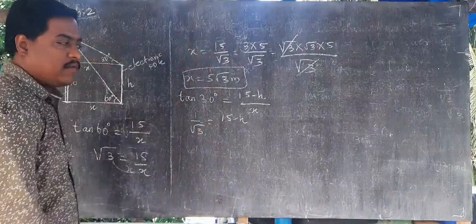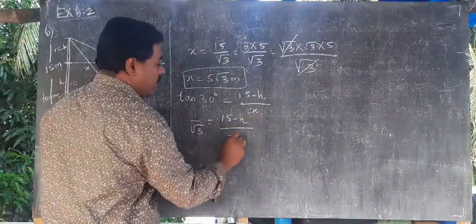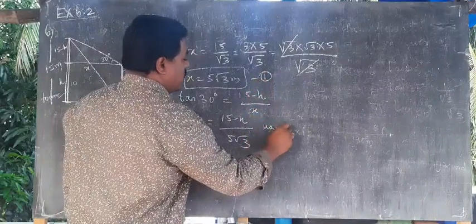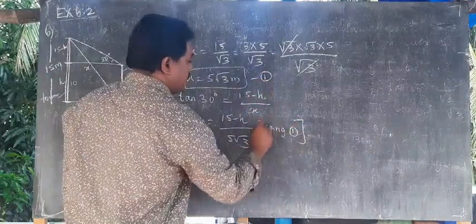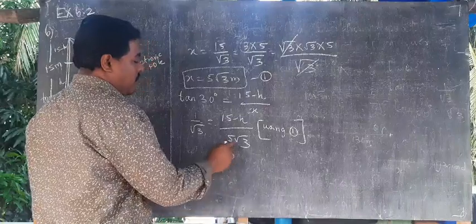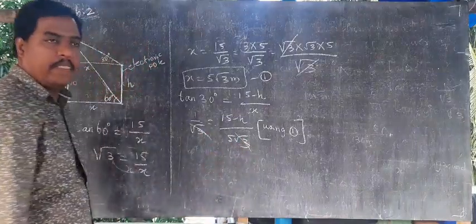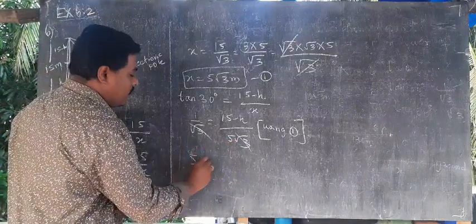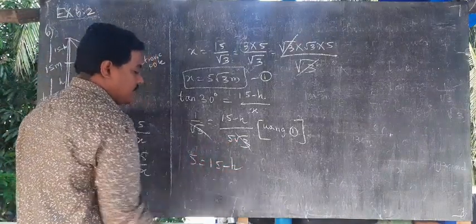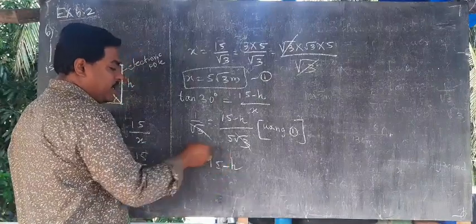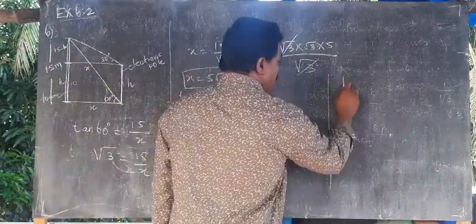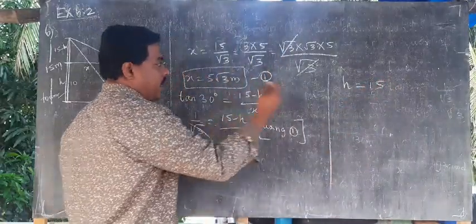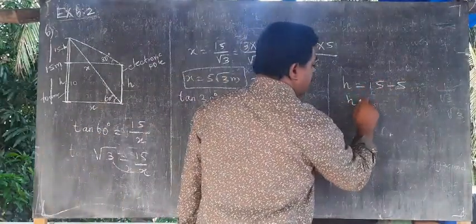Now we know x, so substitute x equals 5 root 3. Write this as 1 by root 3 equals (15 minus h) by 5 root 3. Now root 3 will be cancelled, remaining 5 only. 5 into 1 is 5, equal to 15 minus h. This minus h we take to this side, making it h. 15 is there, and this 5 we take there as minus 5. 15 minus 5 is 10.